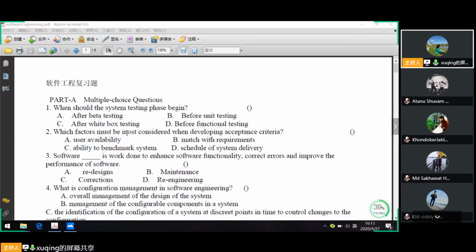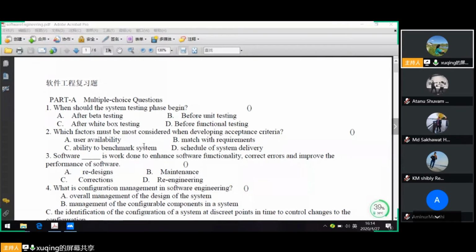White box testing is the test to see if each conditional loop or structure, each possibility works. It is structural. So normally it's after white box testing that we will begin system testing.